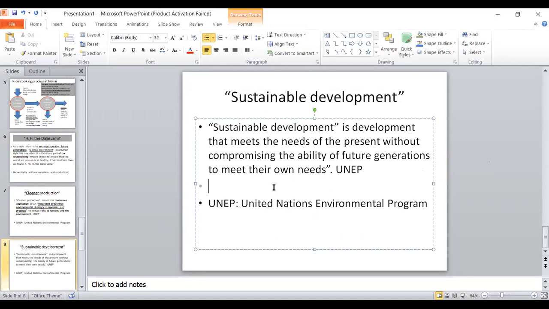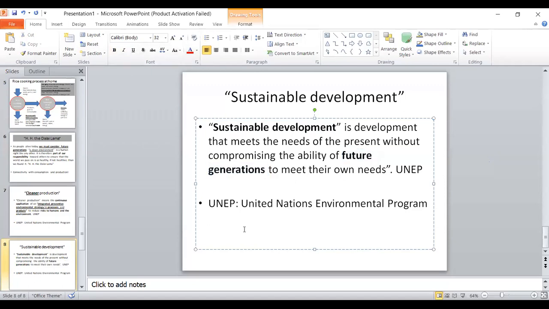There are five key aspects. So this is one thing: sustainable development. And same as the Dalai Lama, we have to think about our future generations, how they can meet their needs.